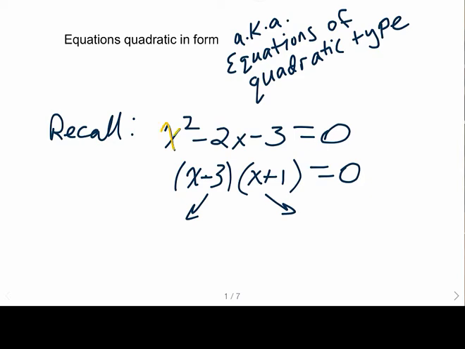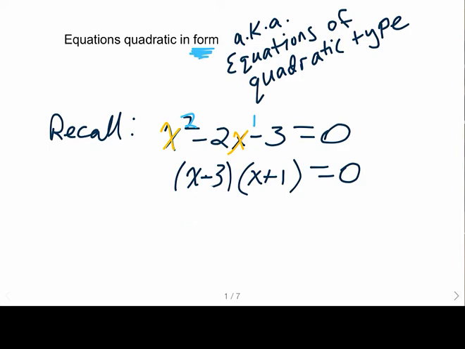That form being, I have an expression showing up twice, in this case x, and the first time it shows up, the exponent is exactly double that of when the second time it shows up. So like we have x squared minus 2x, if you like, to the first power, and then a number. And that's the quadratic form that we're alluding to here.